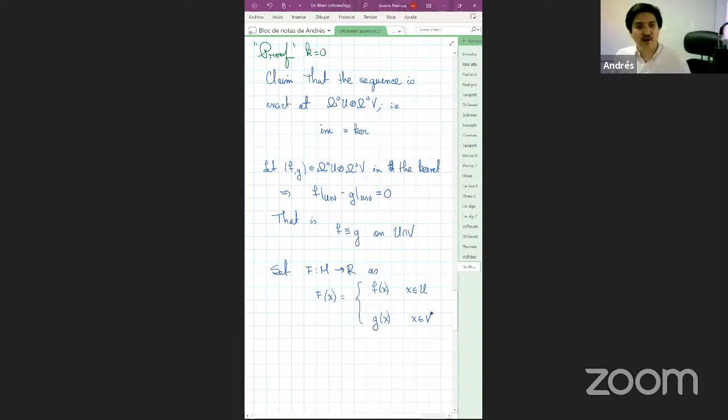Because U and V are open, the function will be smooth. And this is a global function that restricts to f on U and to g on V. So we prove that the image contains the kernel.